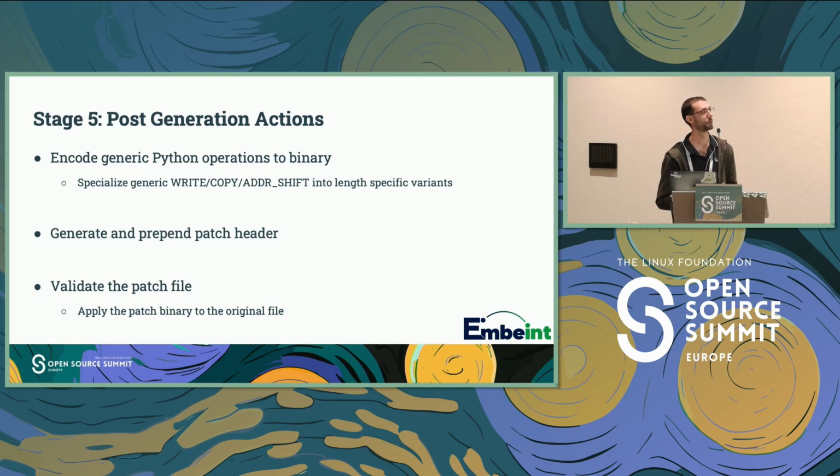Then from that generated binary file, we feed it back in with the original image file and ask, great, can the Python patching algorithm reconstruct the output from just the information that it has? That way you can make sure you haven't saved some extra data in the Python classes somewhere which the embedded side won't have access to.